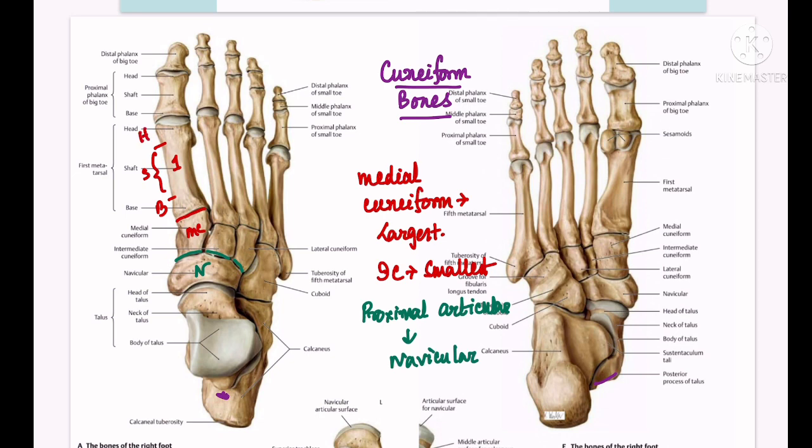Similarly, the distal articular surface of the intermediate cuneiform articulates with the base of the second metatarsal. The distal articular surface of the lateral cuneiform articulates with the base of the third metatarsal.